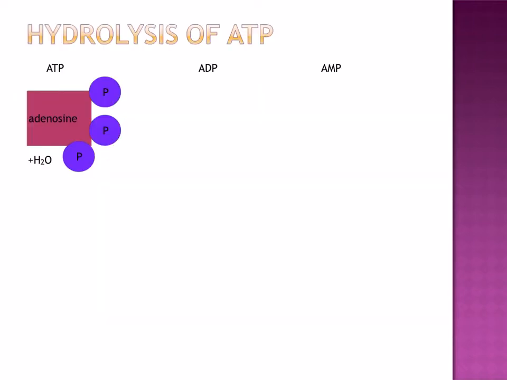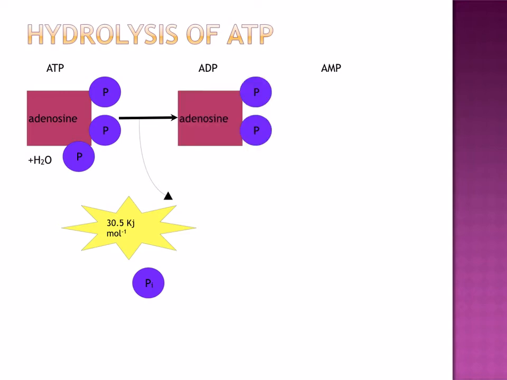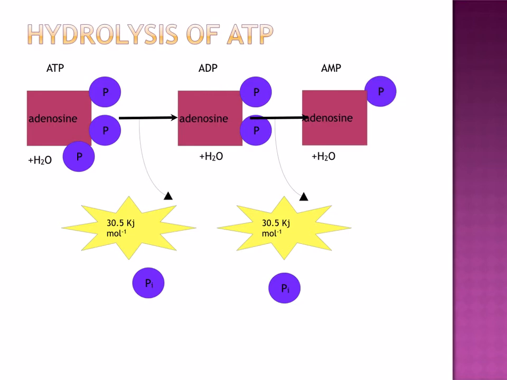So let's have a look at the different energy values. When you have ATP being broken down into ADP, you have 30.5 kilojoules per mole of energy being released. So you have ADP being formed and the inorganic phosphate leaving. ADP can be further broken down into AMP with another 30.5 kilojoules per mole of energy being released.